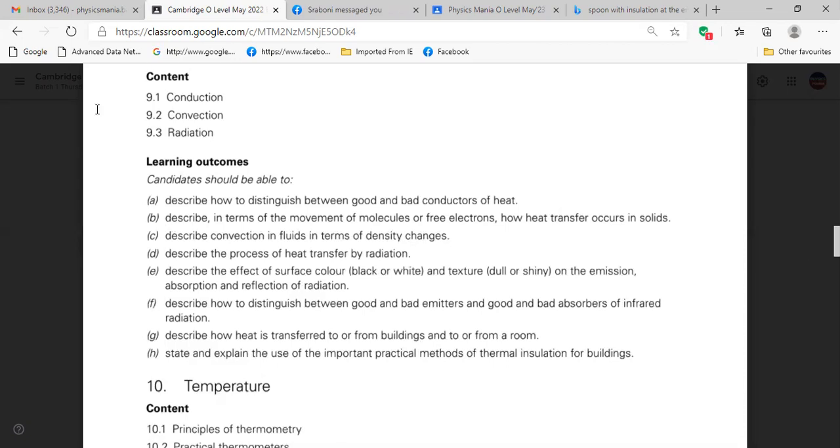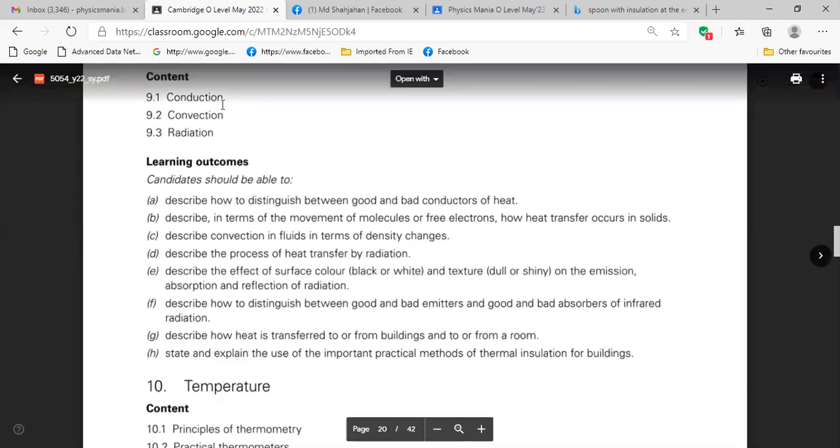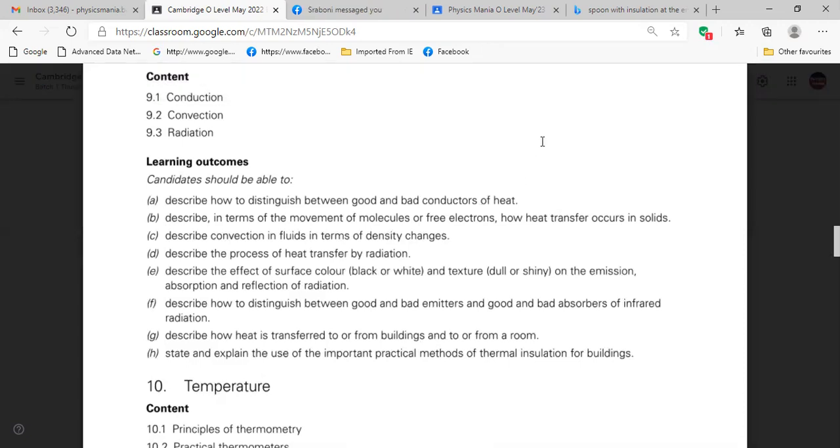You see in our content we have conduction, a process of heat transfer which transfers energy from one solid to another by the vibrations of molecules. This is the process of conduction. And there is another process, convection.